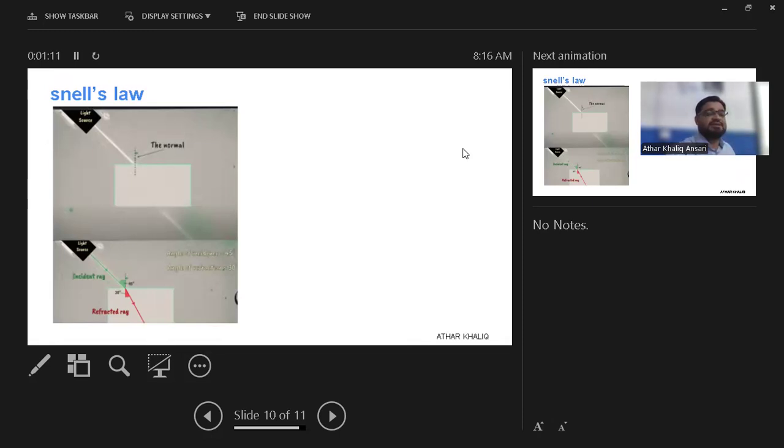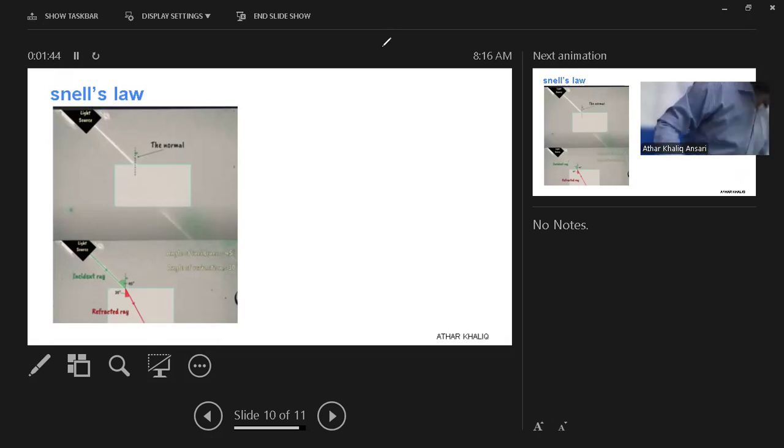The first ray is the incident ray. Its actual path was this, but now it entered and changed path, and the changed path is very important to understand.